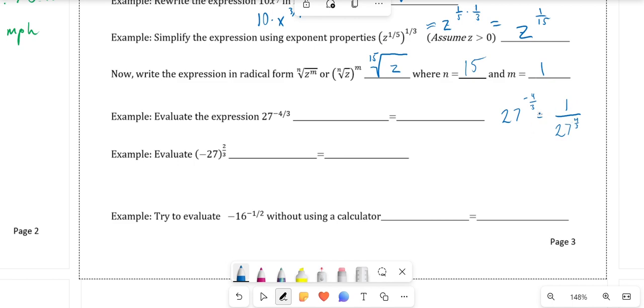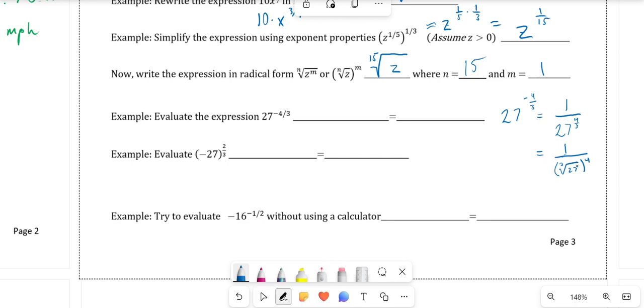And what about 27 to the 4/3? Well, 27 to the 4/3 is going to be the 3rd root of 27 to the 4th. But because multiplication is commutative, that's the same thing as doing the 3rd root of 27 and then taking the 4th power. I don't want to take the 4th power of 27. That's a big number.